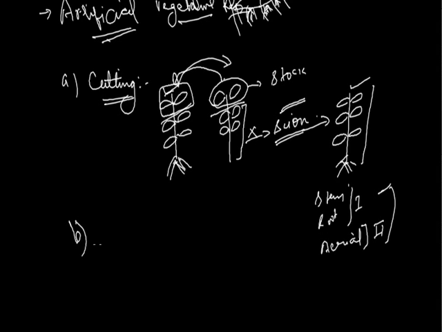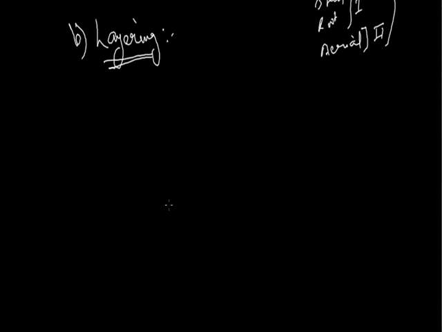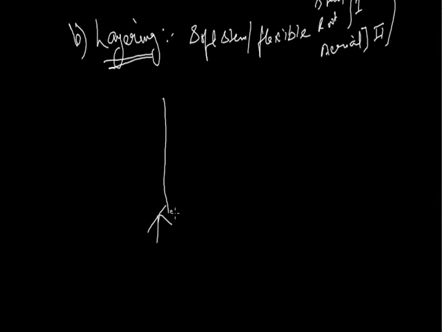Second is layering. In layering, the plants which have a very soft and flexible stem are used. Suppose this is the branch of the plant.